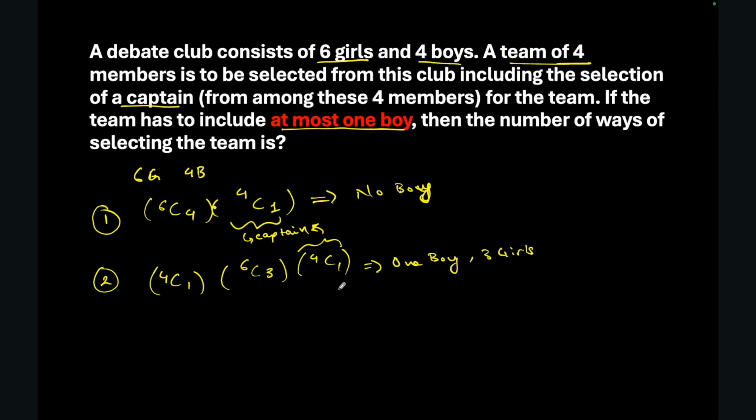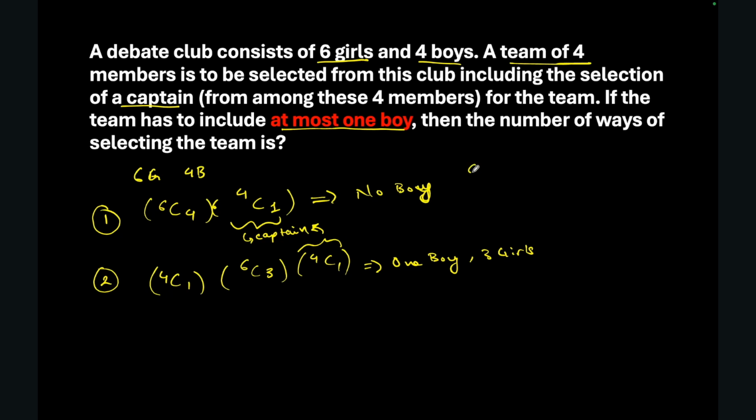Okay, so let's simplify this down. What do we get? Well, we get 6C4, so this is 6 times 5, which is 30. 30 times 4 is 120, but I think we have to divide by 2 as well. I think I've missed something.